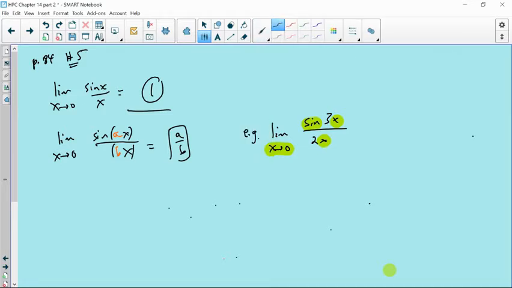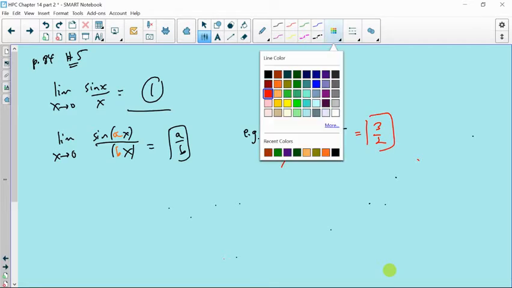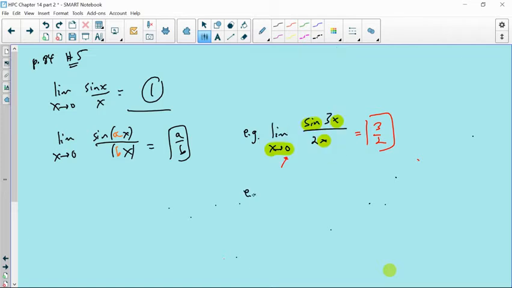So we can just jump right to that ratio to say that the limit value is equal to 3 over 2. Just be cautious that you are, in fact, approaching 0, and then that's always true. Another example, let's say we have the limit as x approaches 0 of 2 sine of 5x over 4x.